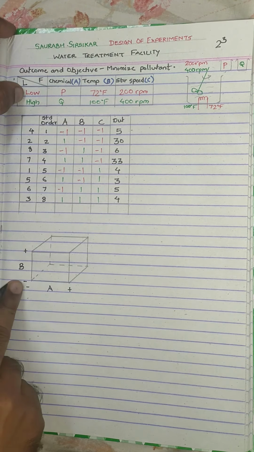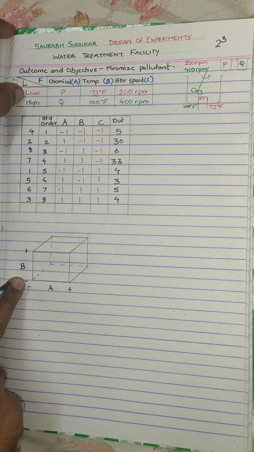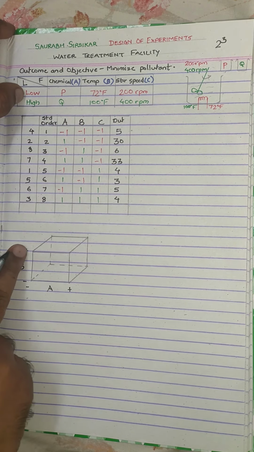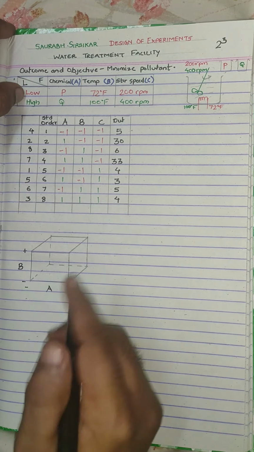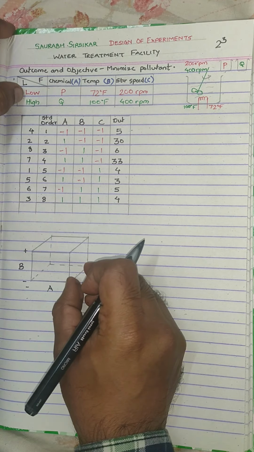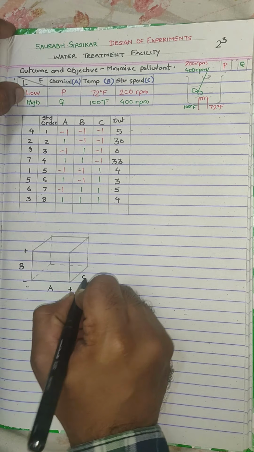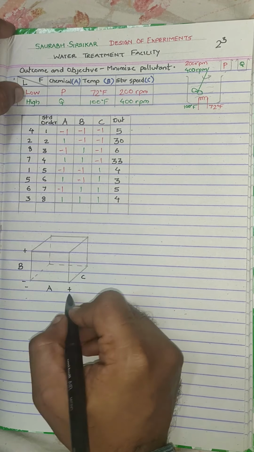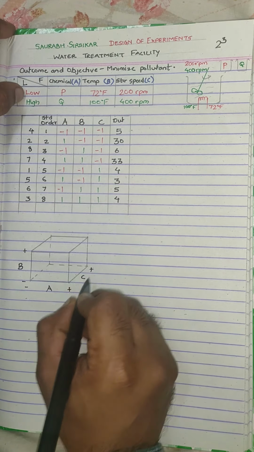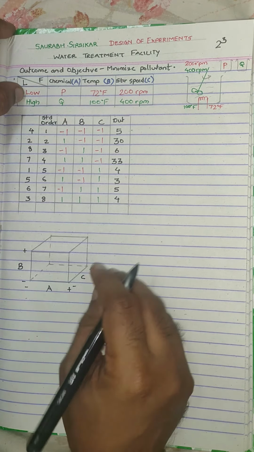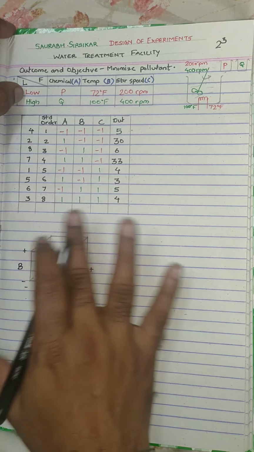So this is supposed to be the lower level of B and higher level of B. This is the lower level of A and higher level of A. Now we have one more axis, that is the depth. So I will assign C to the depth, and here the higher level will be here and the lower level will be here. Okay, so this is a cube plot.